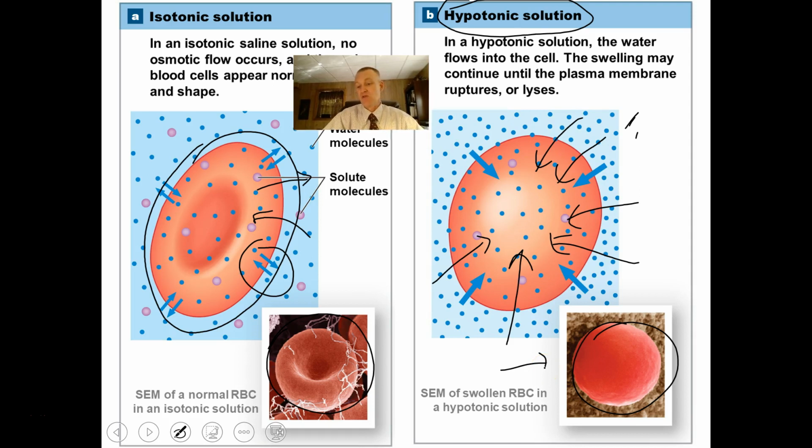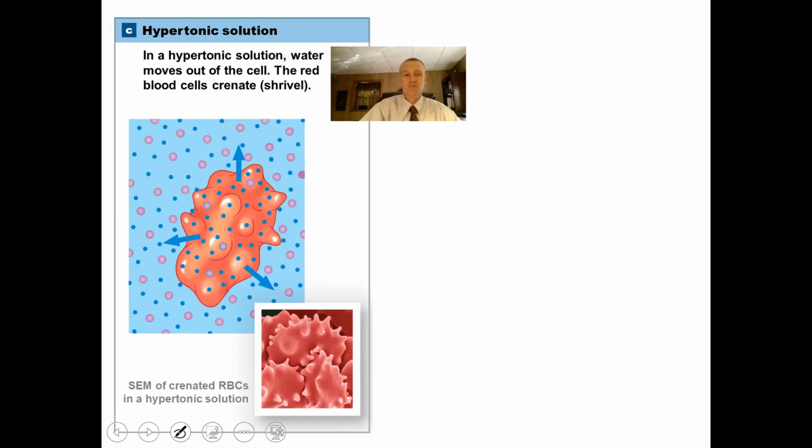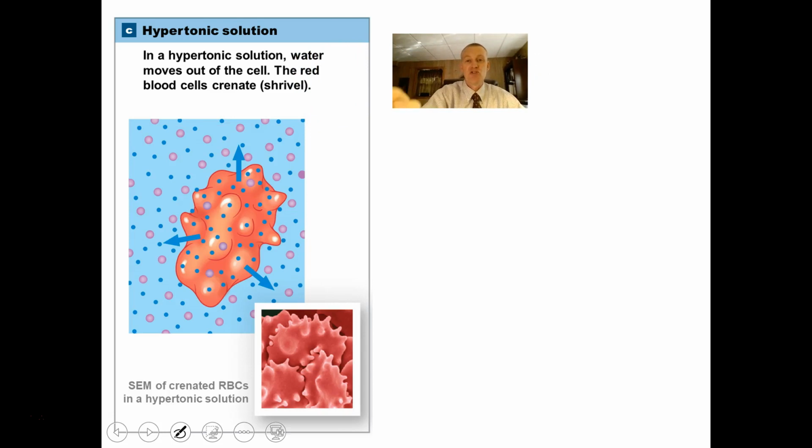Those swollen cells can burst, so you definitely wouldn't want that to occur, because then the contents of those red blood cells leak out, and we know that the plasma of the blood has certain levels of ions in it, and if you release the ions inside of blood cells, that can upset the balance of the concentration of ions. That causes damage and destruction.